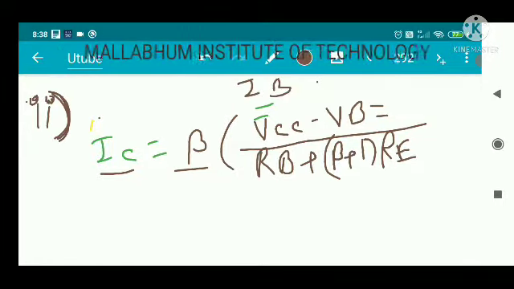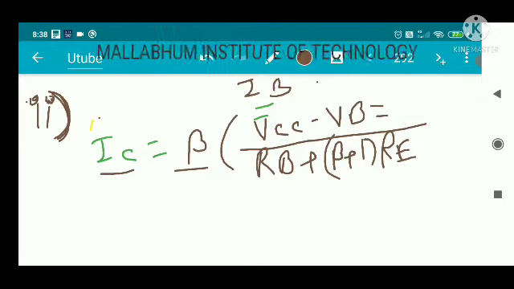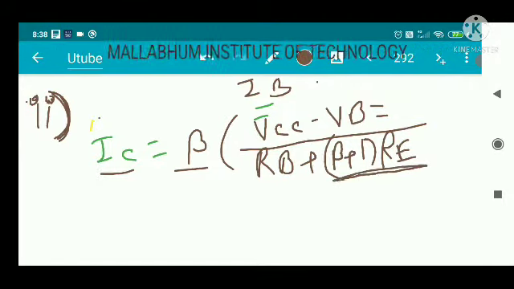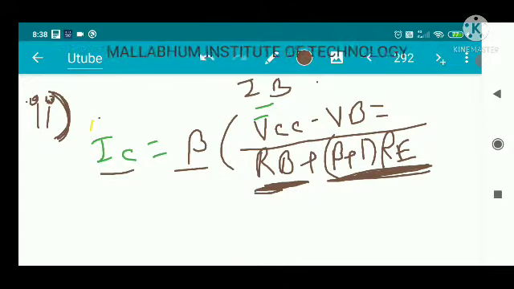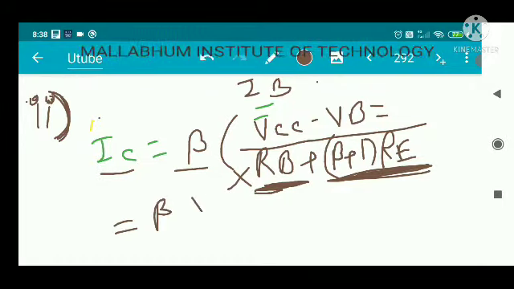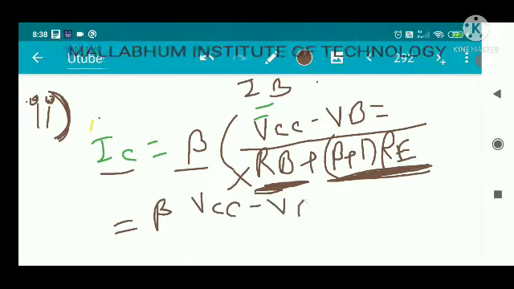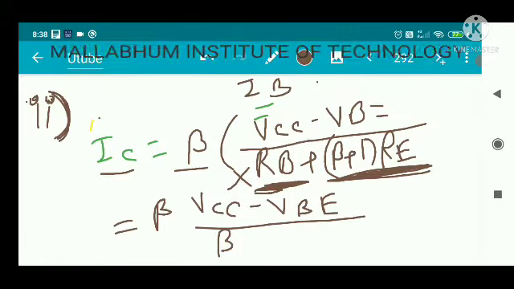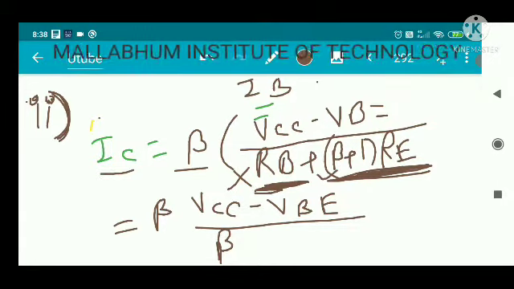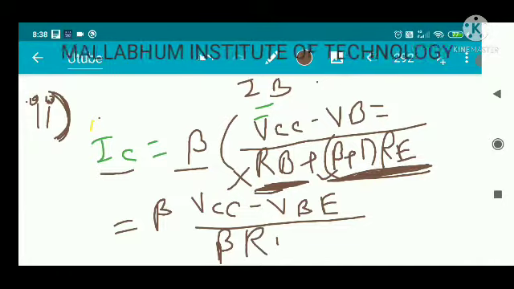Now you can see from that expression that if we make this (beta plus 1) RE value very much higher than the other term, then you can ignore that term. So what happens is beta times (VCC minus VBE) divided by (beta plus 1) RE, which, since beta is very high, is approximated as beta RE.